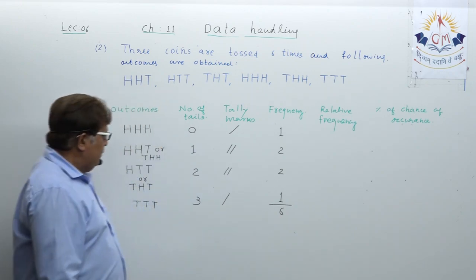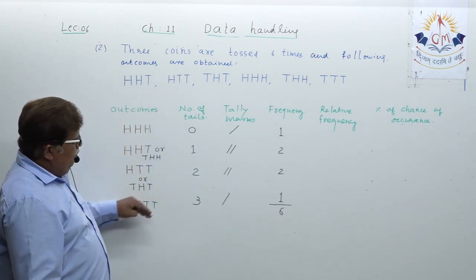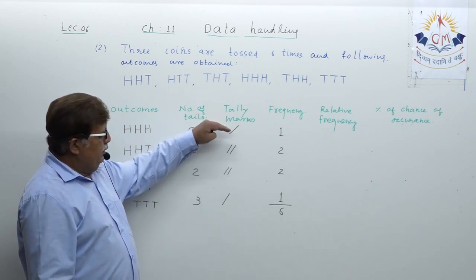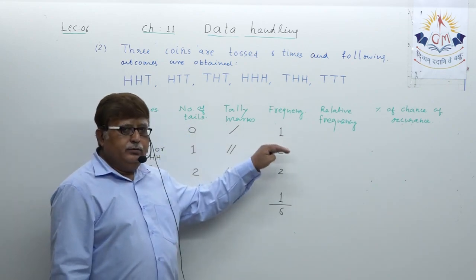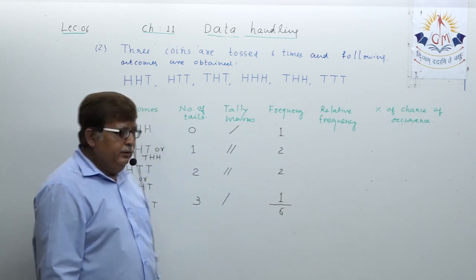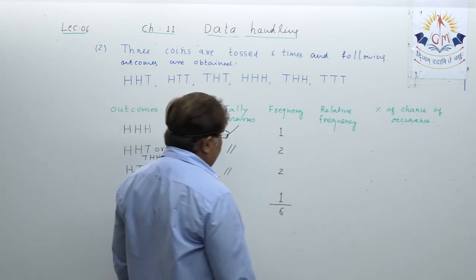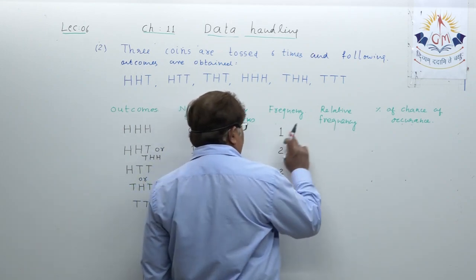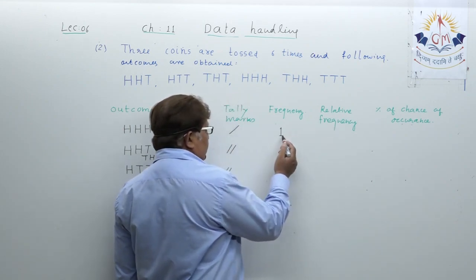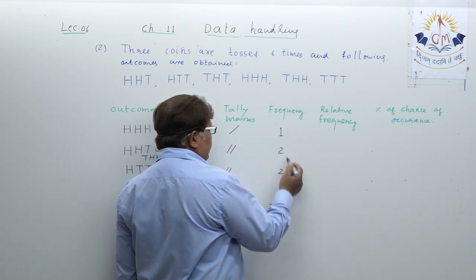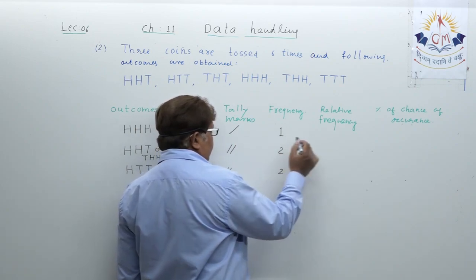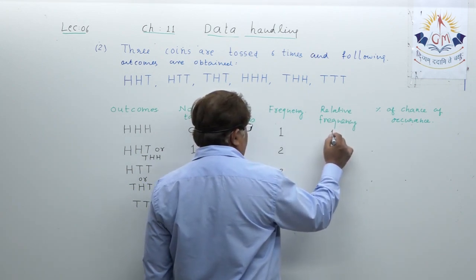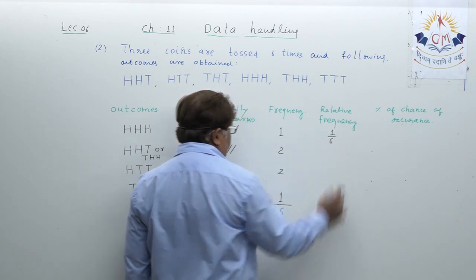Now outcome, number of tails, tally marks, frequency, and then let us try to find relative frequency. How to find relative frequency? As you all know, for each particular event, 1/6.